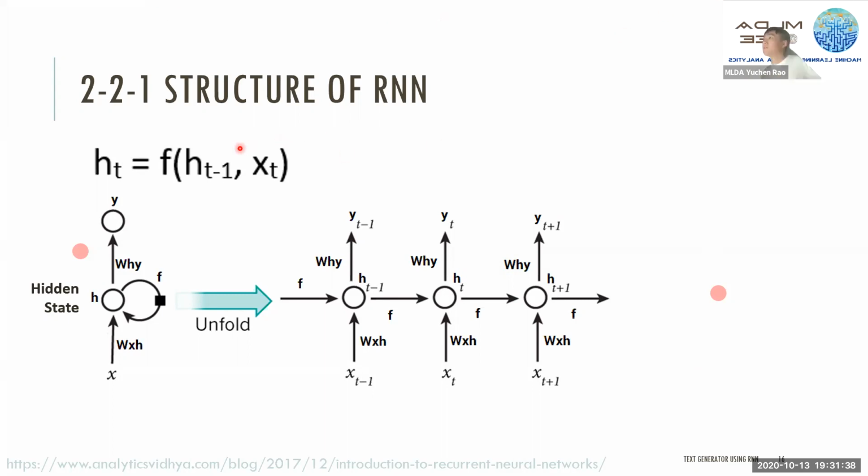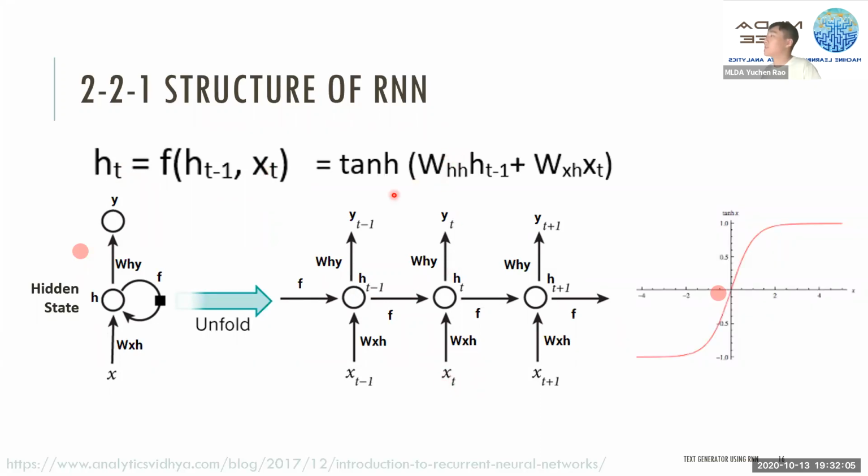Okay, so here is a simple function that we actually use in this simple RNN. It's a function taking two inputs: h_{t-1}, the previous hidden state from the previous time step, and the current input x_t.